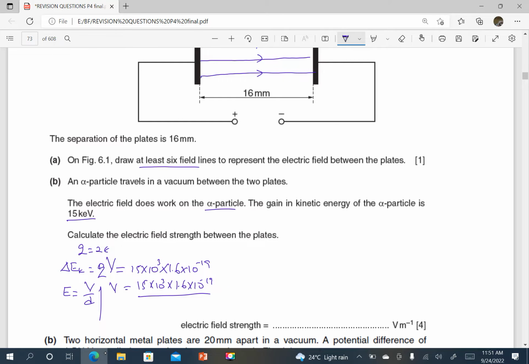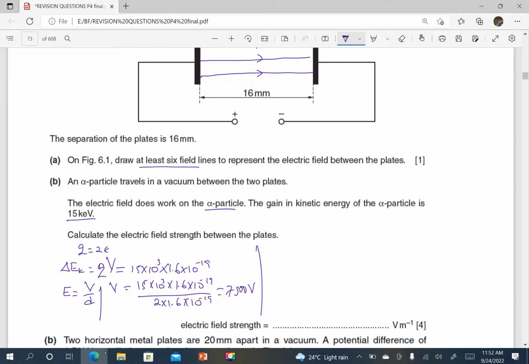Your charge is 2e, so this will be 2 times 1.6 times 10 power negative 19. And when you press your calculator, it gives you V as 7,500 volts. That is V.